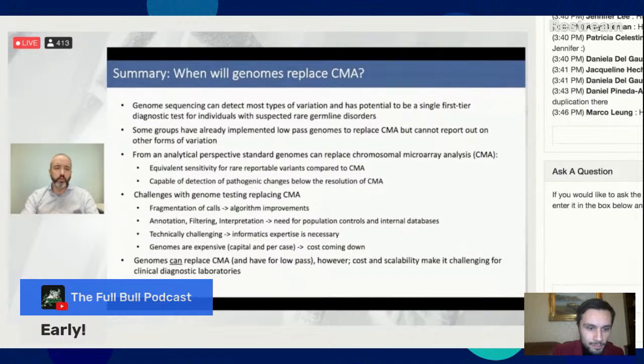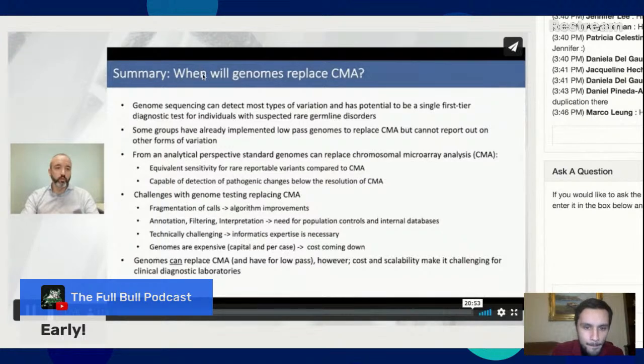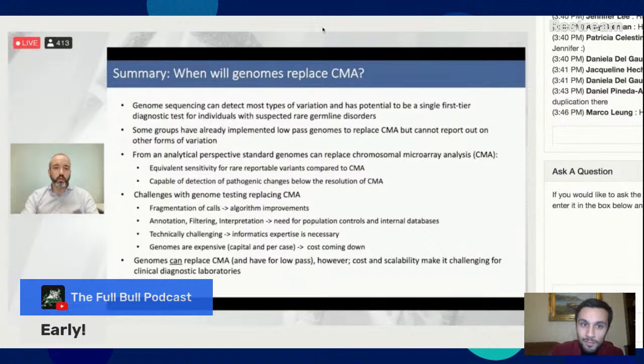I think some of the challenges with genome testing replacing CMAs completely is the fragmentation of calls. We have noticed algorithm improvements over time to be able to stitch some of these calls back together. As I said, the annotation can be an issue, and when you filter, you can sometimes lose pieces of these fragmented calls.